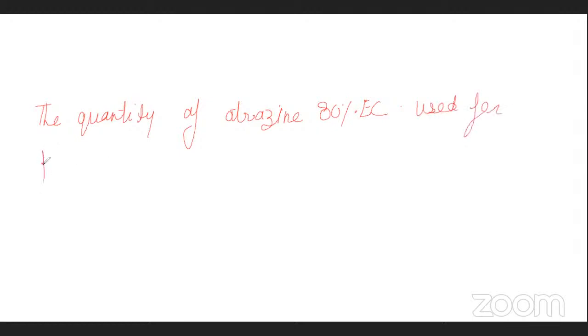The quantity of atrazine, 80% atrazine is there in the form of WP, 80% WP, used for pre-emergence in maize.